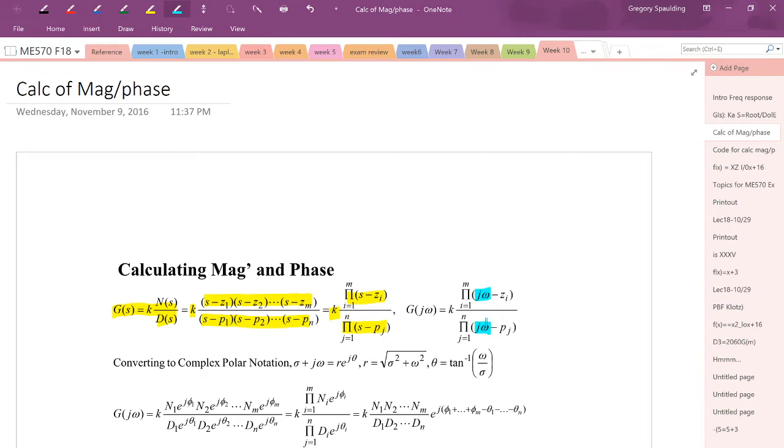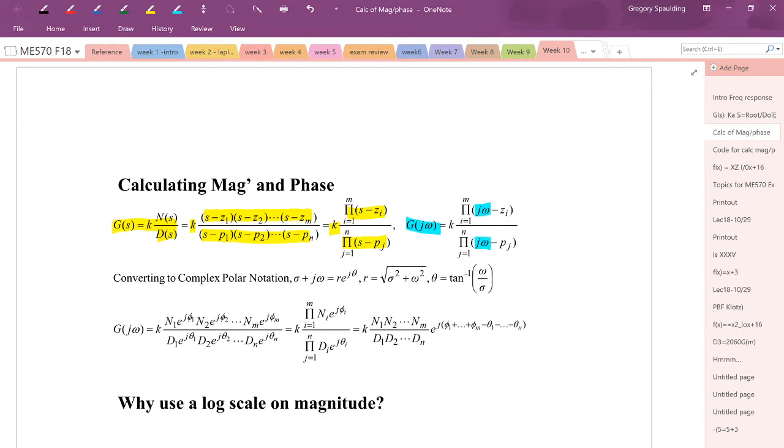And so we put a sinusoidal into the equation at a specific frequency, omega, and then we calculate out our G of j omega, and find out what the response of the system is to that specific frequency input. All right, so that's what we need to figure out here, is how to calculate that.